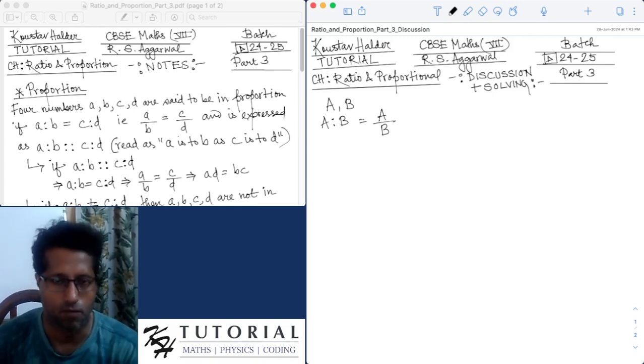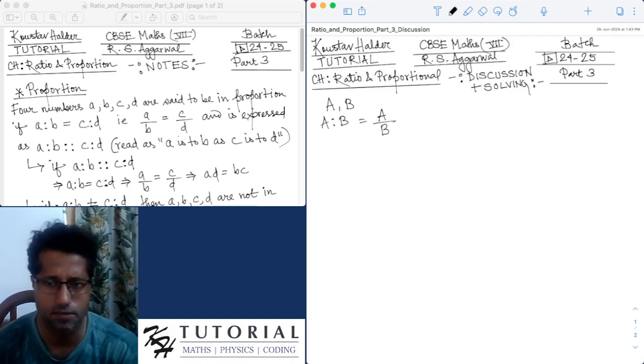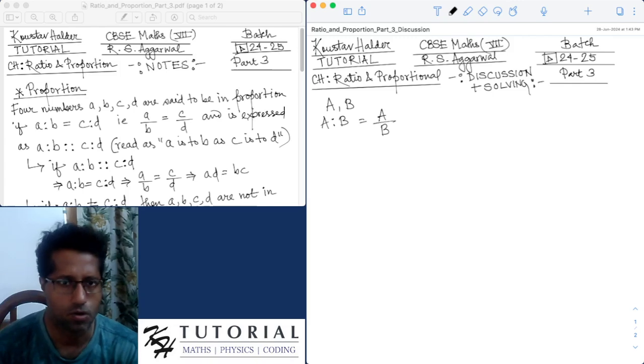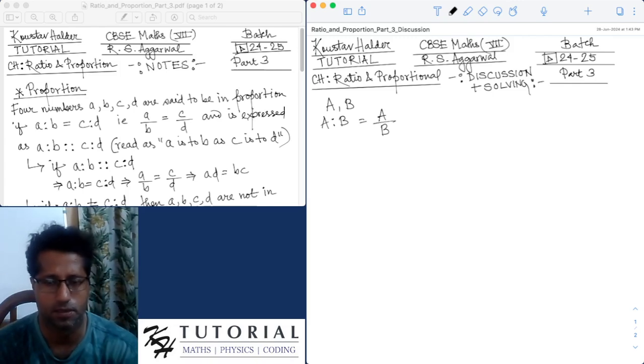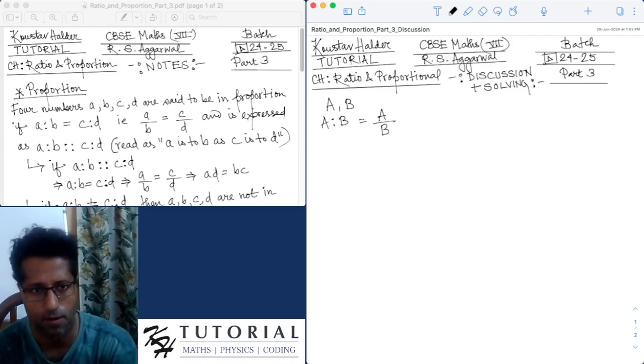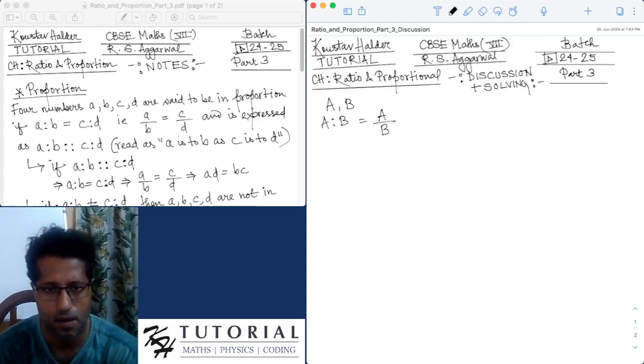Okay, now what is a proportion? Proportion deals with the comparison of two ratios. As per the definition in the textbook, four numbers a, b, c, d are said to be in proportion if the ratio of a and b, that is a is to b, equals the ratio between c and d, that is c is to d.